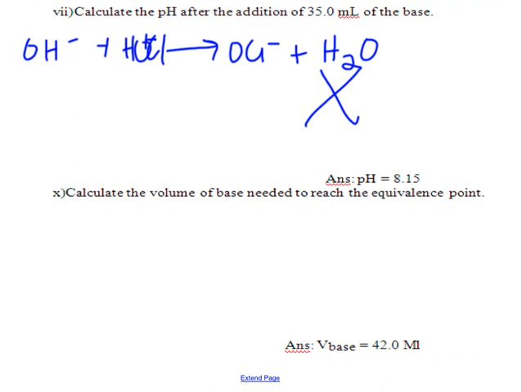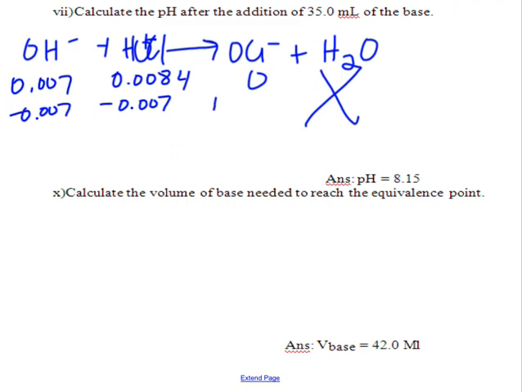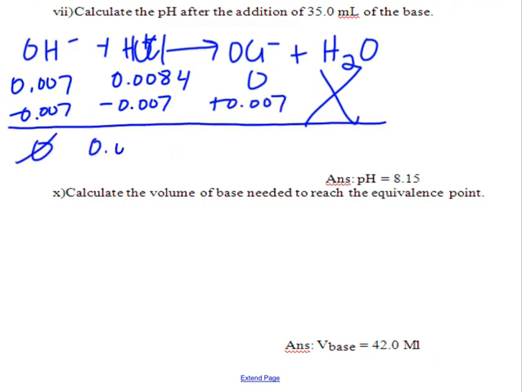We're not quite there yet. So OH minus is 0.0084. And then this one is 0.035 times 0.2, which is 0.007. I'm hoping I have the right number of zeros at this point. 0.0014, 0.007. Again, we have a buffer.